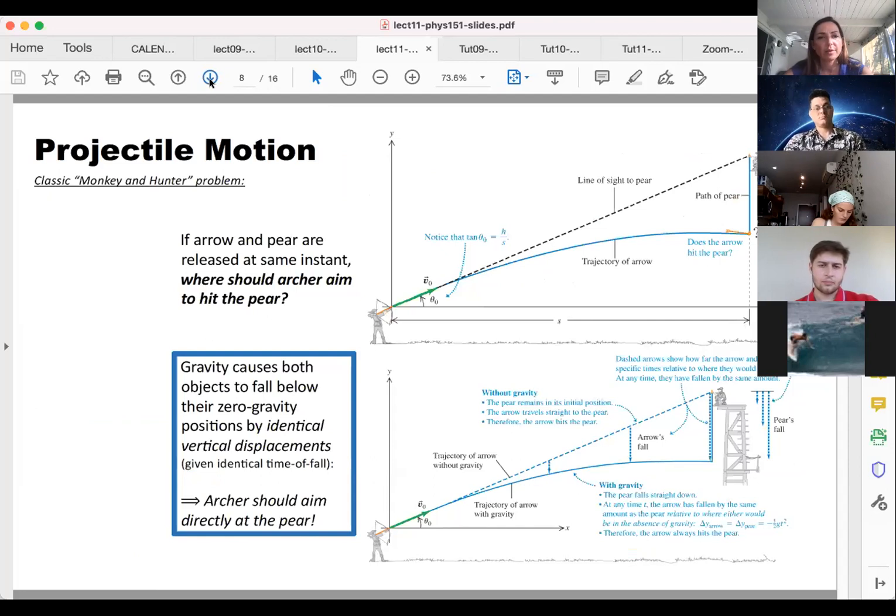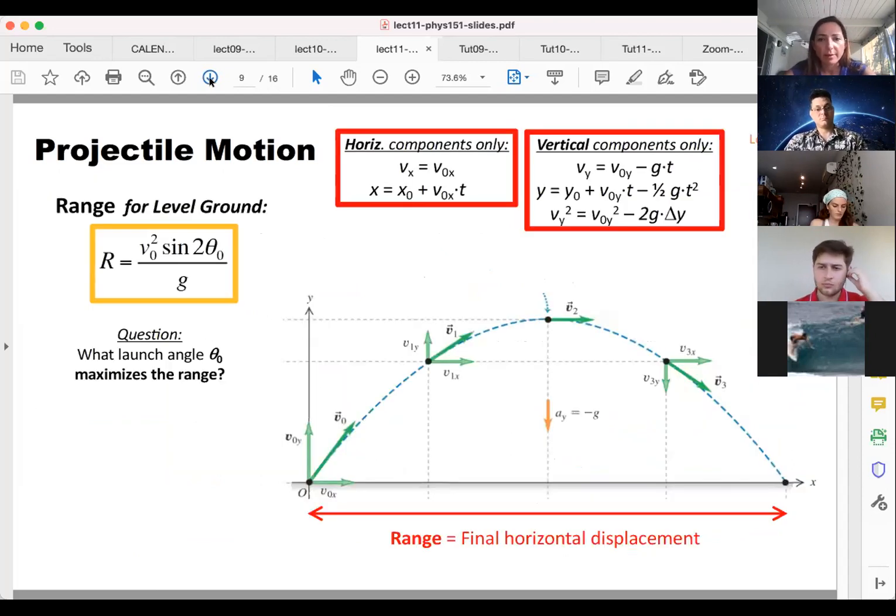Here we could do some examples, but let me go on. Another important thing that you can calculate is the range. The range: if you throw the ball from here, when is it going to touch the ground? This is a typical question that we see in our problems.